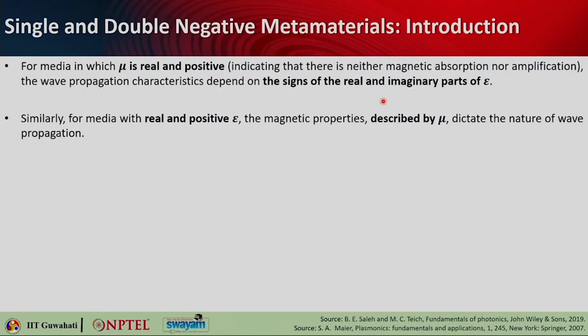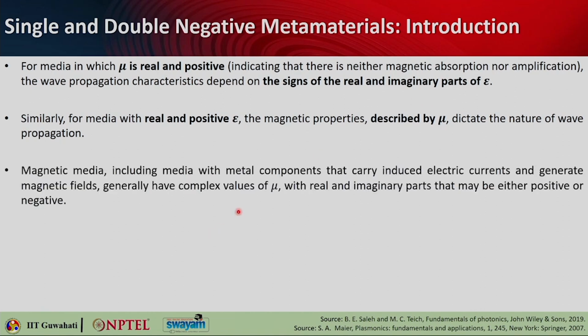So in that case the real and imaginary part of the permittivity epsilon dictates the wave propagation characteristics. Now similarly, if you think of the other extreme, where your permittivity is real and positive and you have a fixed value there, okay, in that case the magnetic properties described by mu will dictate the nature of wave propagation.